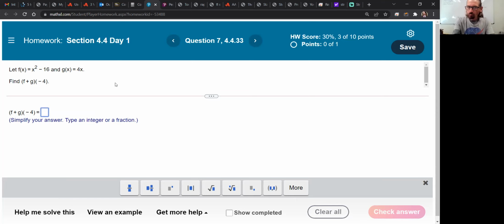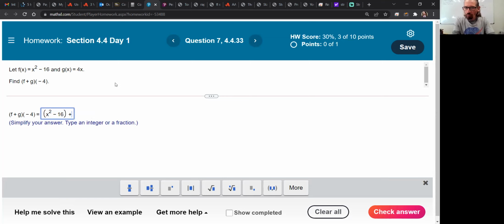I could add x squared minus 16 plus 4x, those two separate functions, come up with a simplified formula for that. Since there are no like terms here, I'm going to put this in descending order, no like terms to combine.